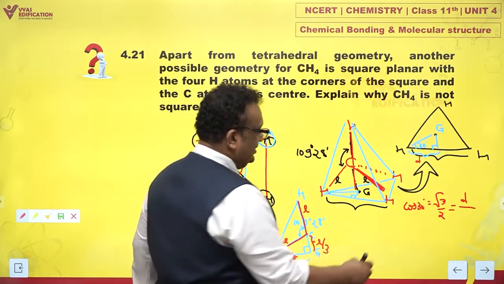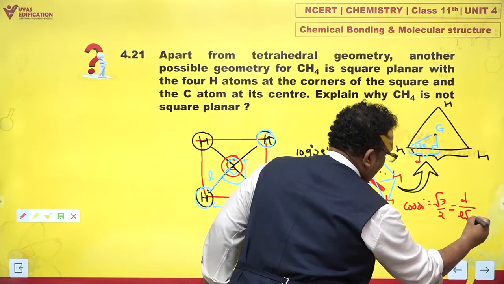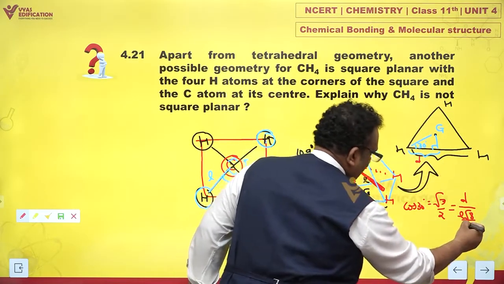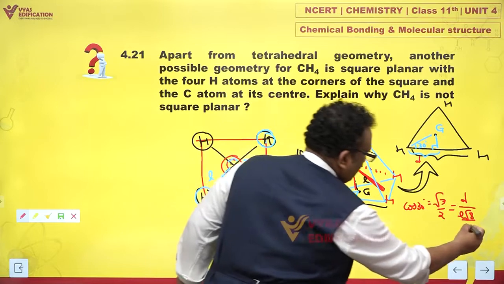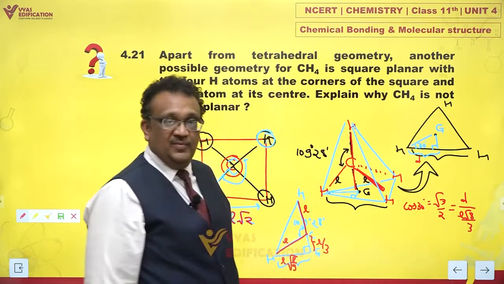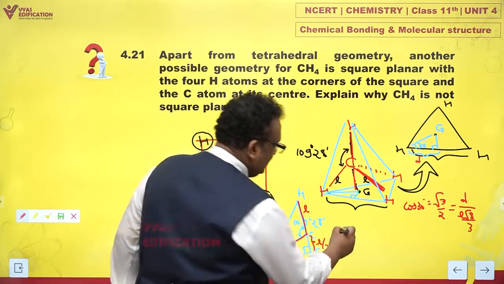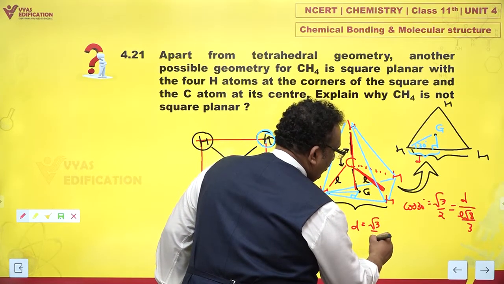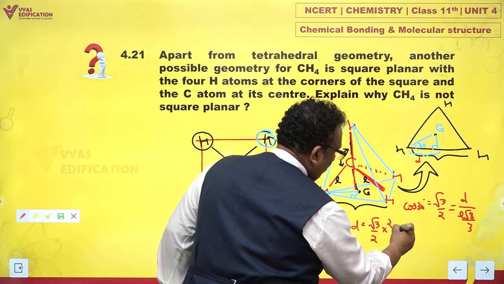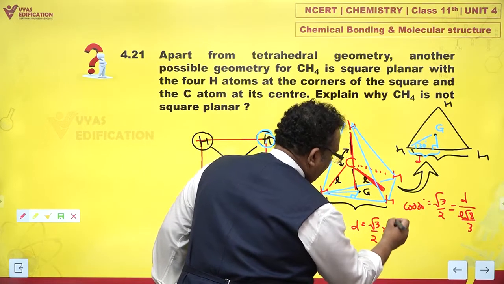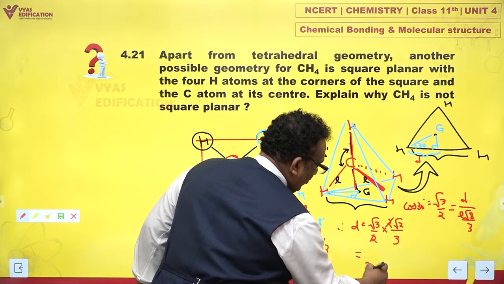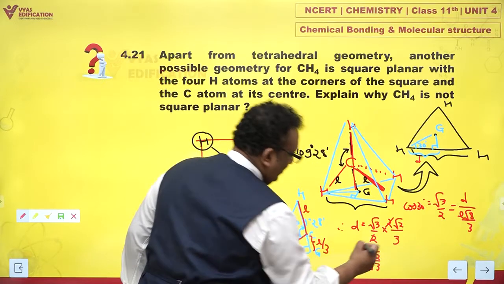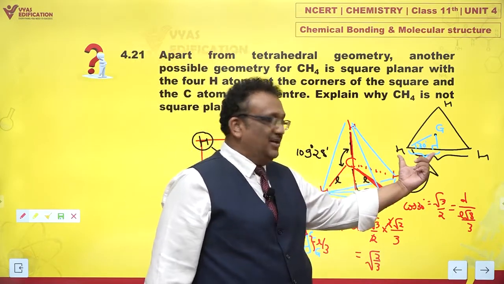And GH is L root 8 by root 9, which would be 3. I'll just use 3 here. Can I find out D? Yes. Therefore, D is root 3 upon 2 into root 8 by 3, which is 2 root 2 upon 3, which is root of 2 by 3. This is the distance D.